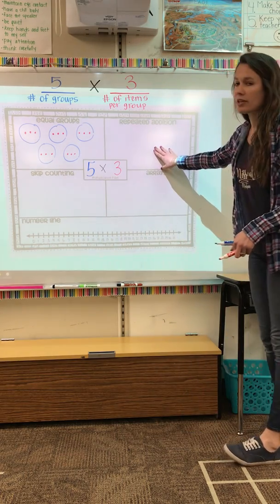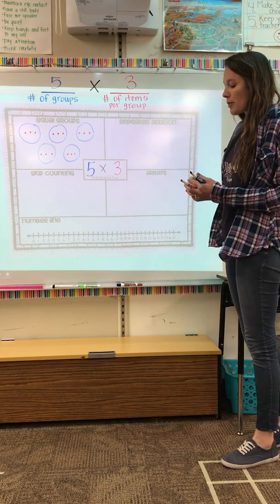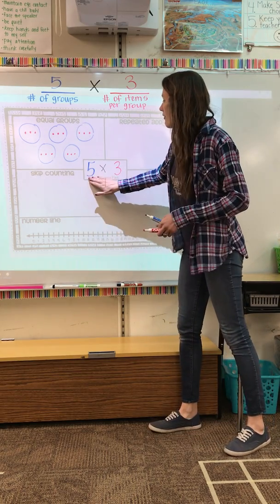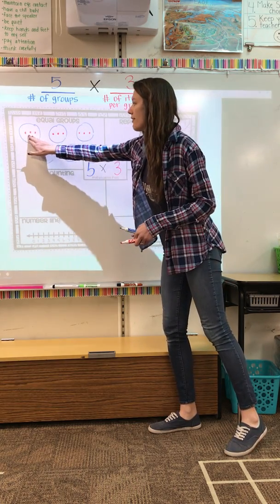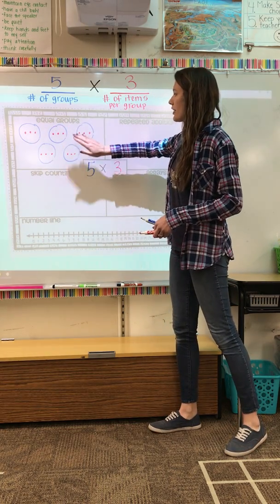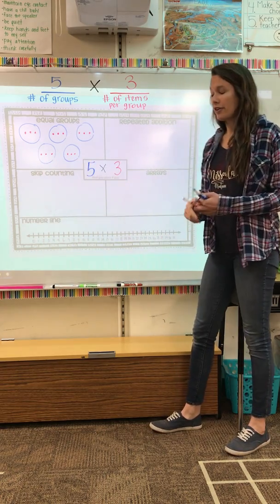The other strategy we use to solve our multiplication facts is repeated addition. So that is where I'm going to add up 5 3s. You'll see here I have a set of 3, another set of 3, another set of 3, another set of 3, and my last set of 3.